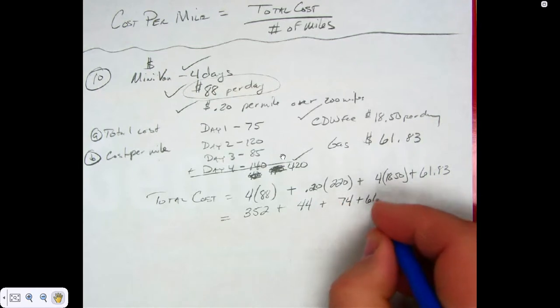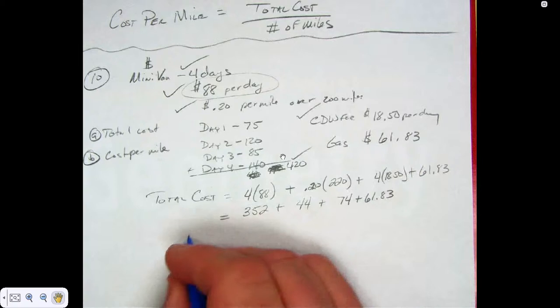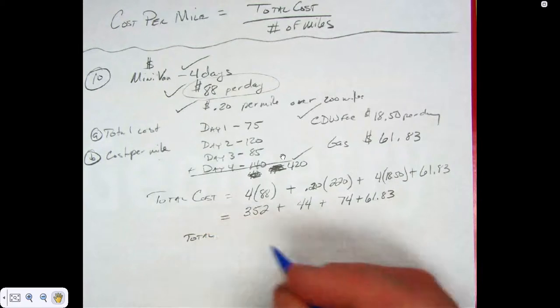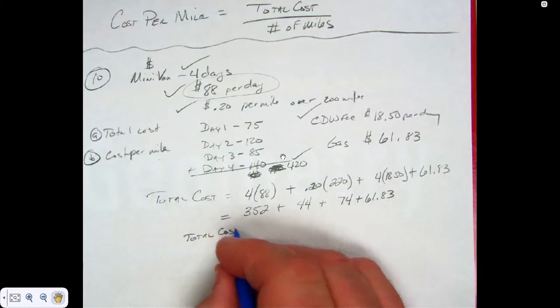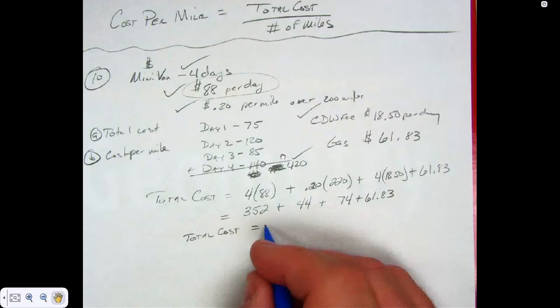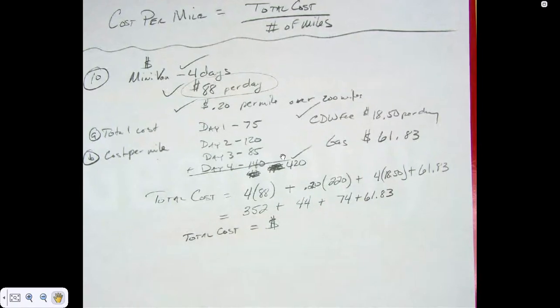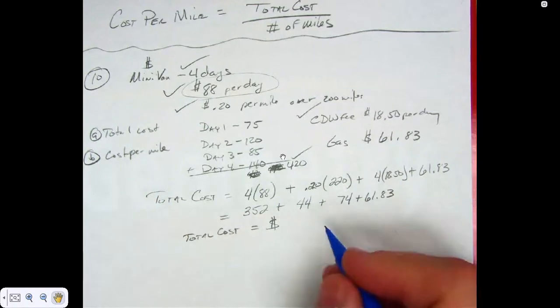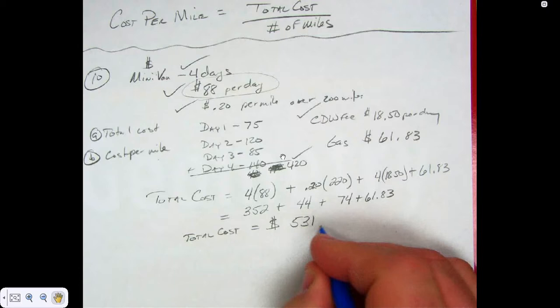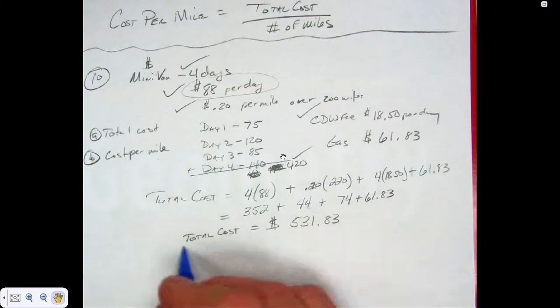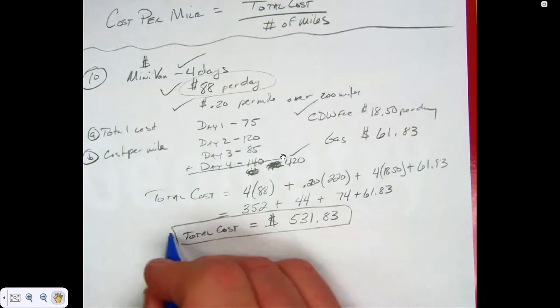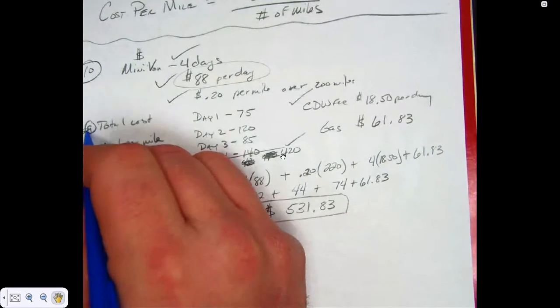Plus 61.83. Our total cost is what all of those added together, is it not? And what is that? 531.83. That's part A.